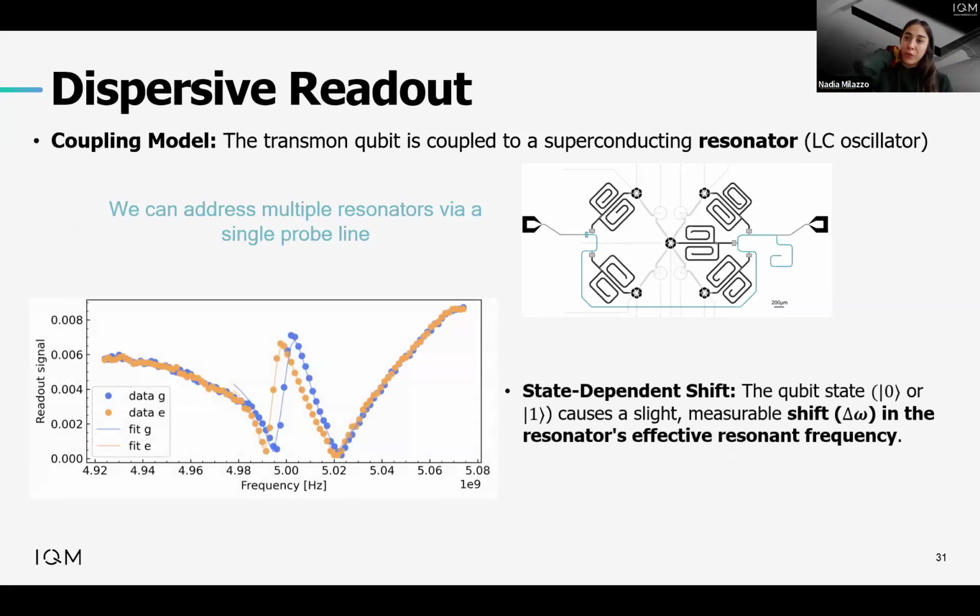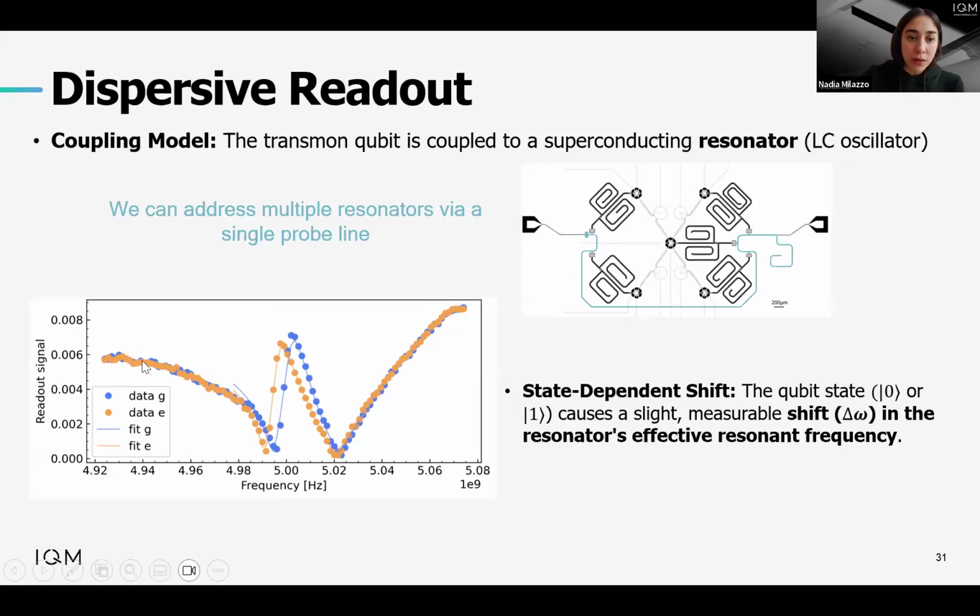And then what do we measure? I saw one question about this. What do we actually measure to do the readout? What we measure is this shift. So we know, based on the physics of this interaction, that the frequency of the readout resonator will be shifted, and this shift depends on the state of the qubit.